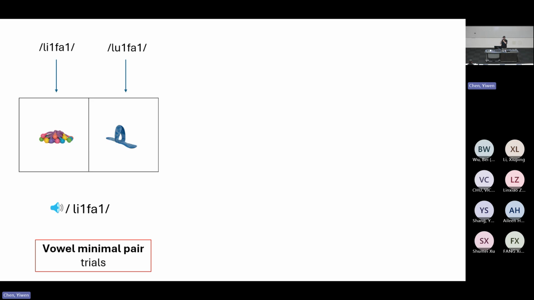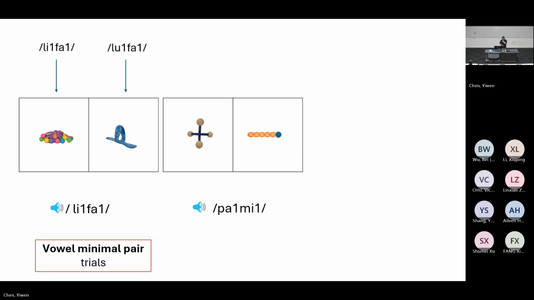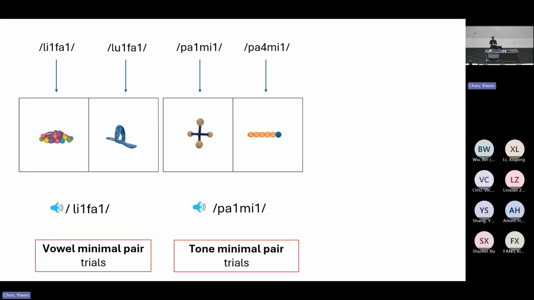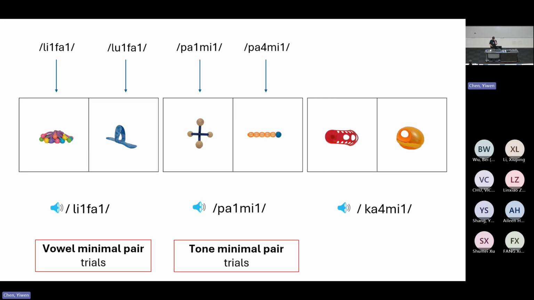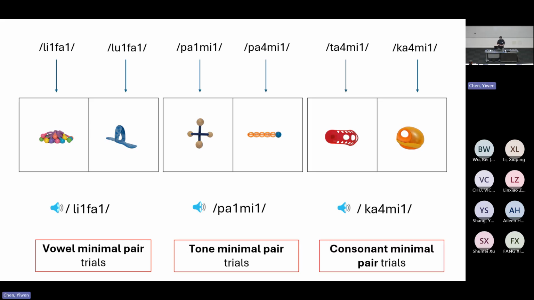But you just hear one word. Then in the other type of trial, you might hear Pami. You see 2 objects. One is associated with Pami, the other one with Pami. And that becomes a tone minimal pair. You just hear one word. And last but not least, you might hear Kami. And then you hear Tami and Kami. And that forms a consonant minimal pair trial.